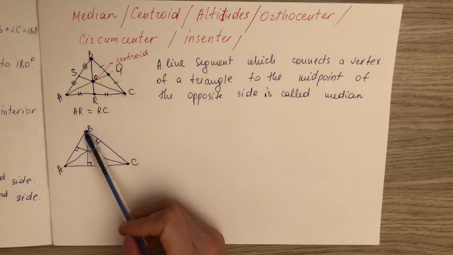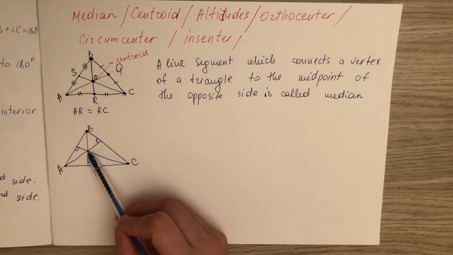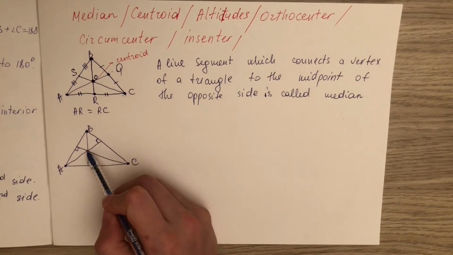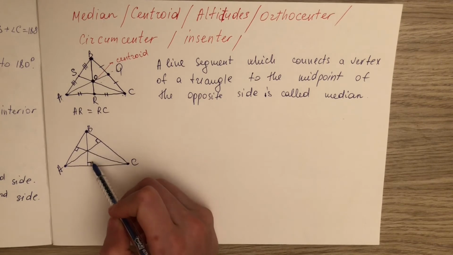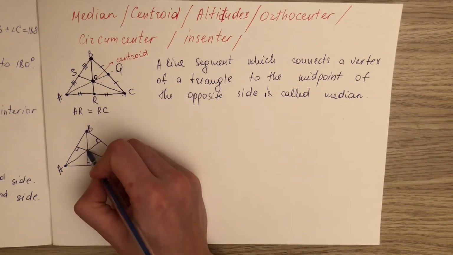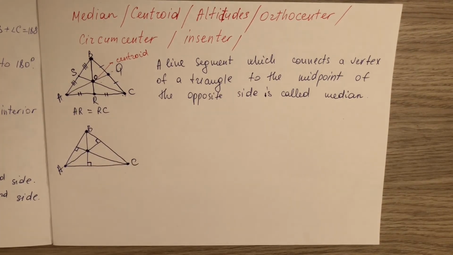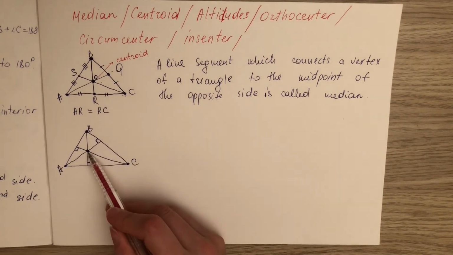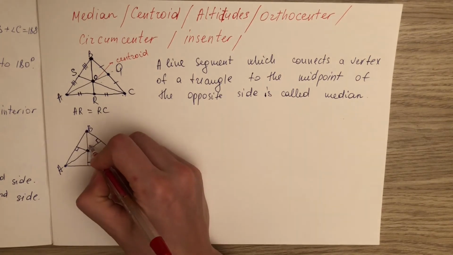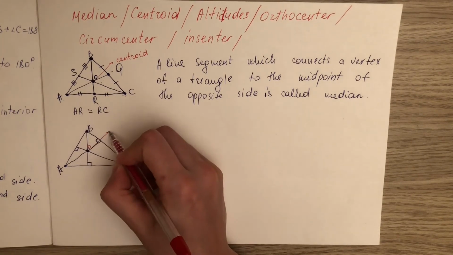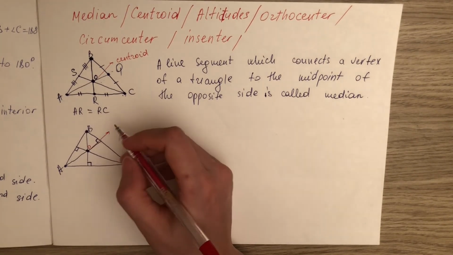As you see, any triangle has 3 altitudes, and here they are intersecting. The intersection point, this point O, is called orthocenter.